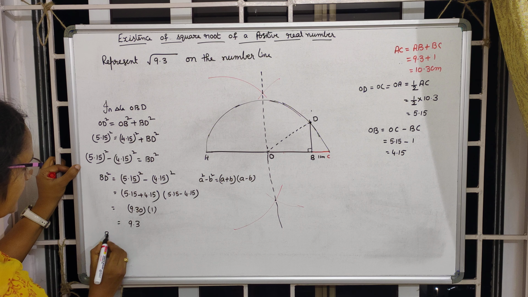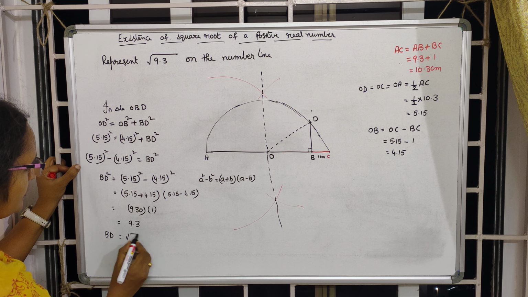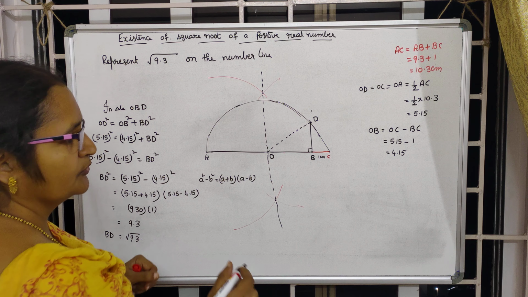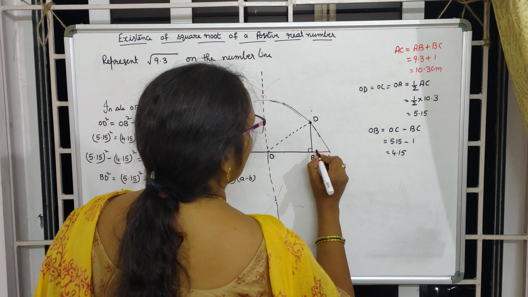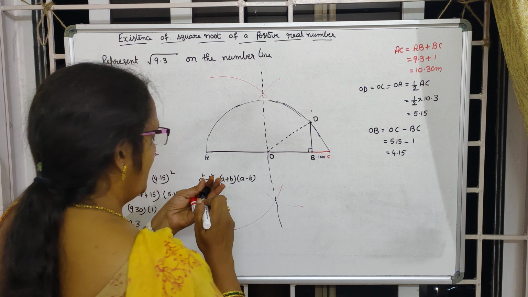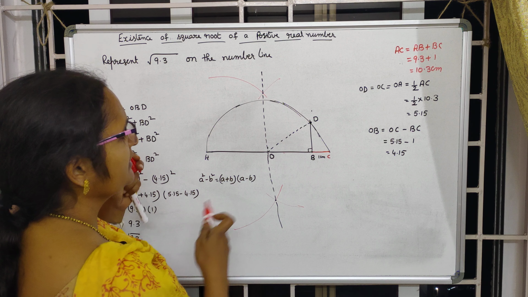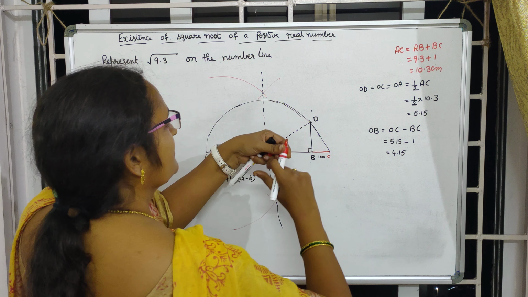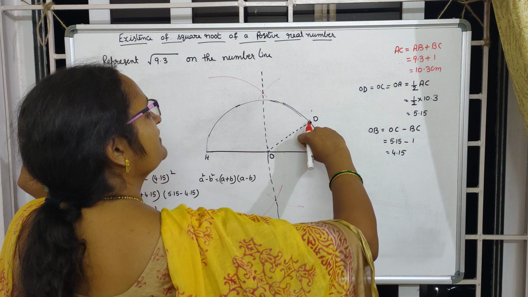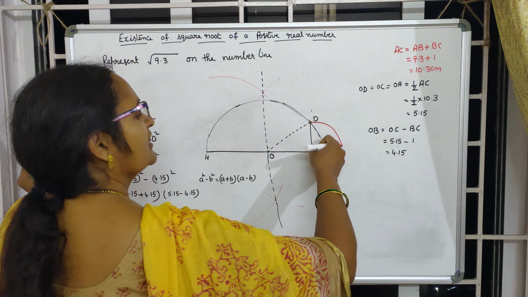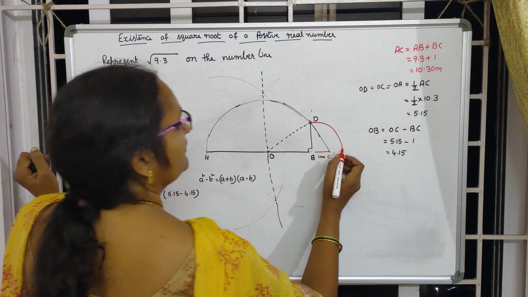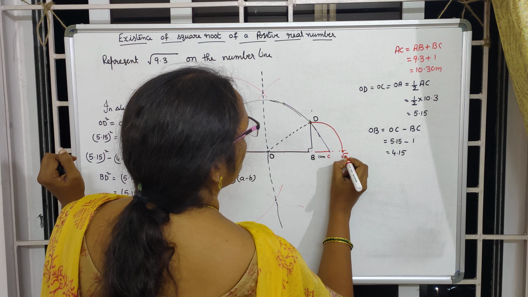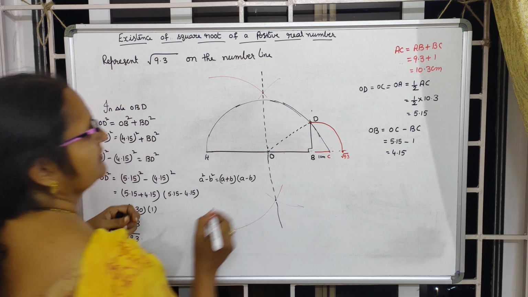Now BD equals the square root of 9.3. So the length of BD is the square root of 9.3. Now if you take B as the center and BD as the radius and draw an arc, it will touch the number line and represent the position of root 9.3 on the number line.